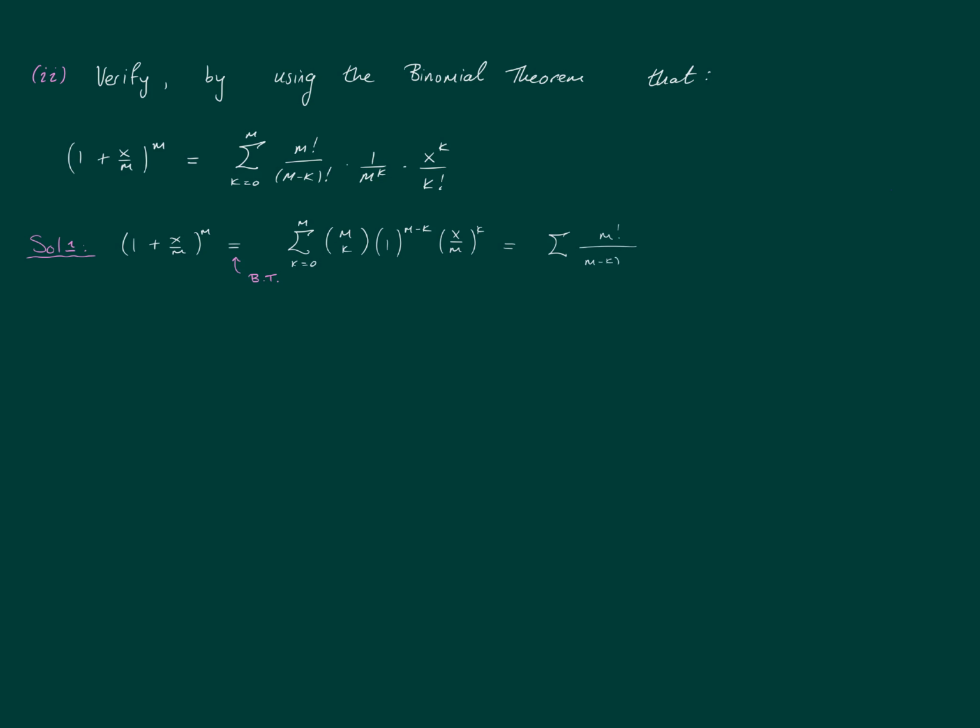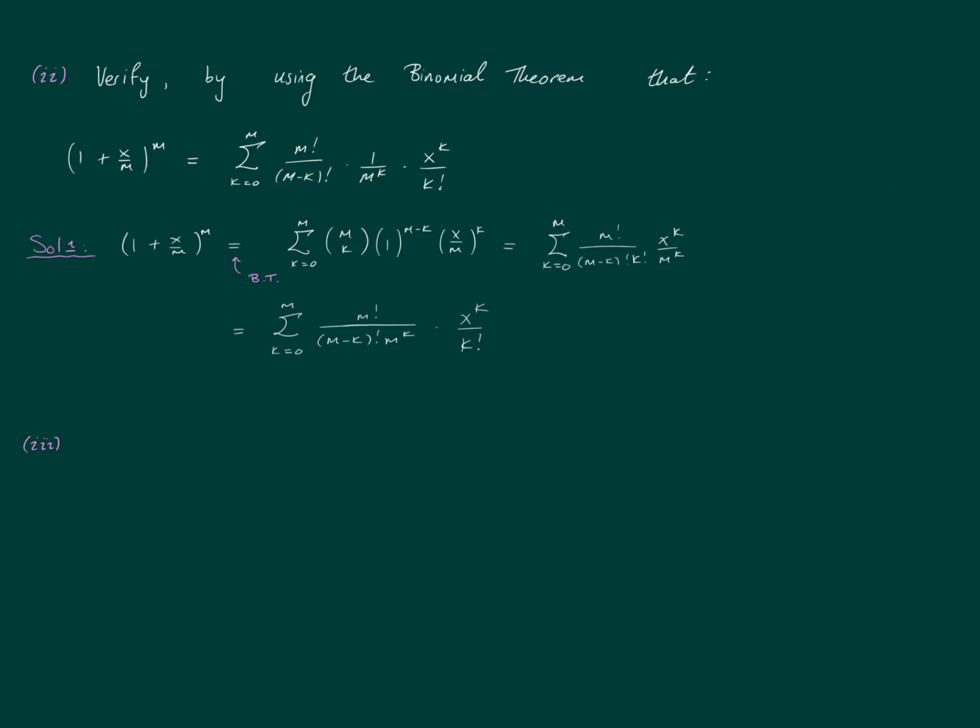Expressing m choose k in terms of factorials, we get this, times x to the k over m to the k. k again goes from 0 to m. Then grouping everything just so it looks like how we want it to look: the sum from k equals 0 to m of m factorial over (m minus k) factorial, m to the k, times x to the k over k factorial. And we're done.